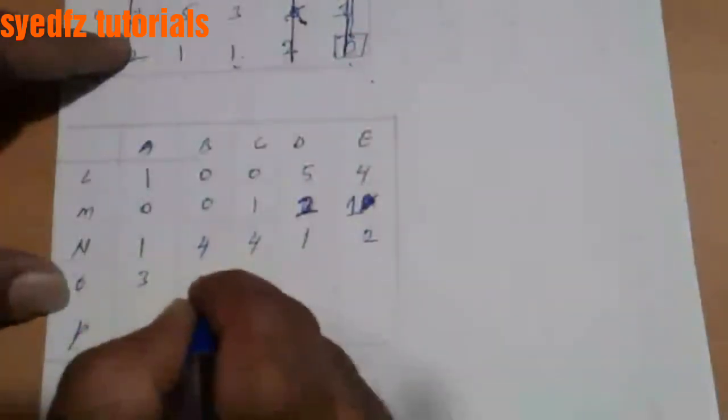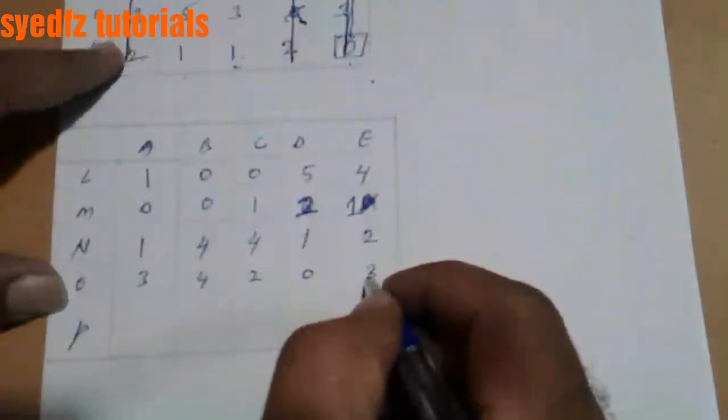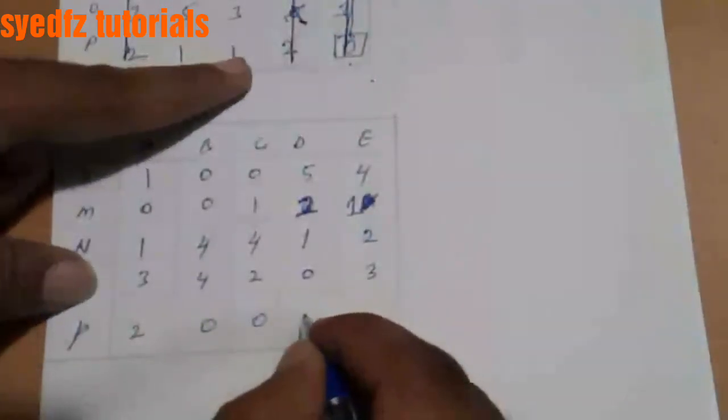Now here 3 is the same, 5 minus 1 is 4, 3 minus 1 is 2, zeros remain the same, and here 3 remains the same because the line is passing. Here is a line, so same 2. Here 0 0, 1 minus 1 is 0, 1 minus 1 is 0, passing the line, so remain the same. This remains the same 0.